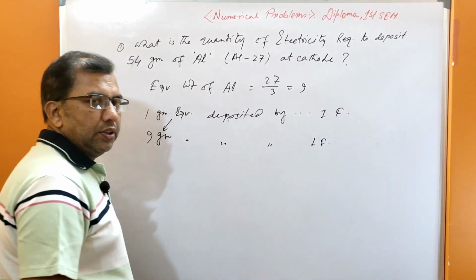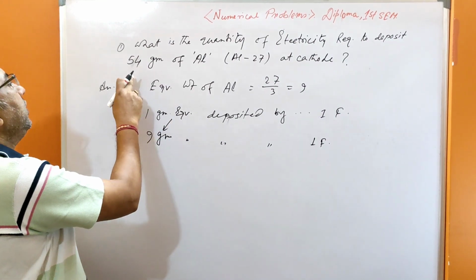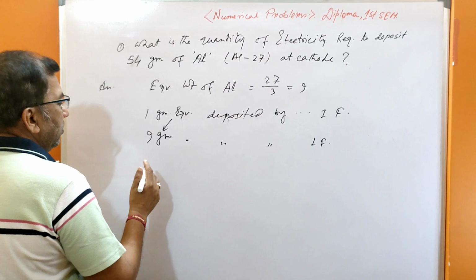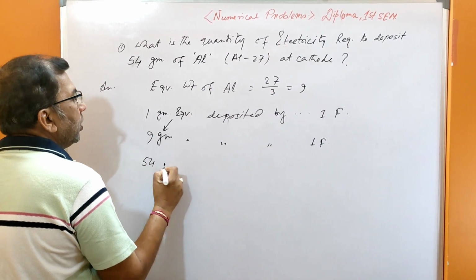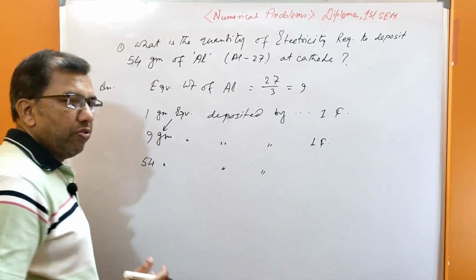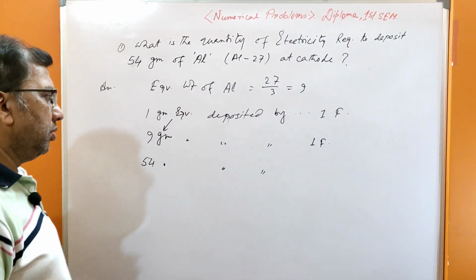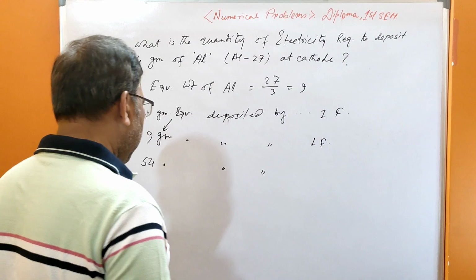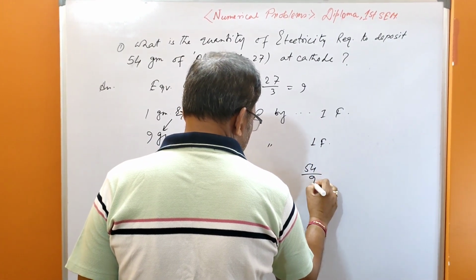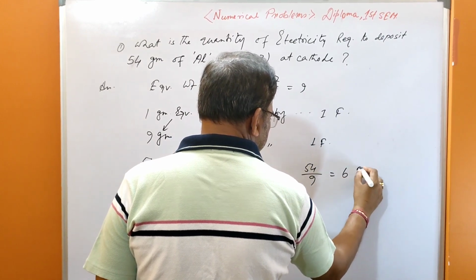In that case, you have to deposit how many gram? 54 gram. So 54 gram is deposited by, tell me, 54 by 9 equal to 6 Faraday.